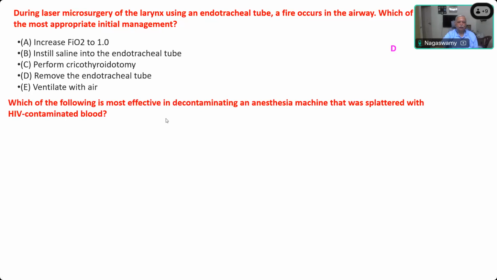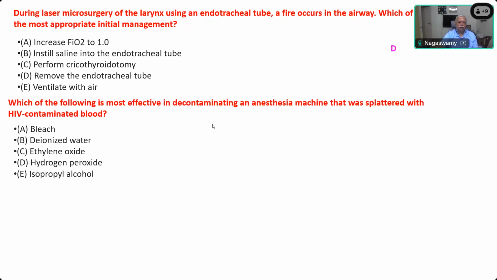Which of the following is most effective in decontaminating the anesthesia machine that was splattered with HIV contaminated blood? Bleach, deionized water, ethylene oxide, hydrogen peroxide, isopropyl alcohol. Isopropyl. No. Next guess.